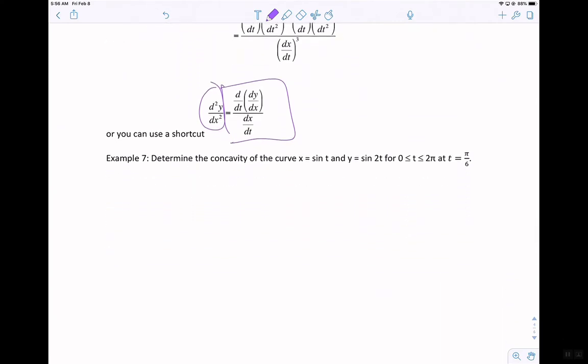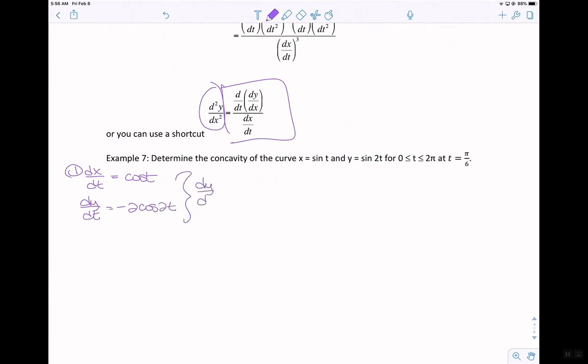Okay, let's look at an example of finding the second derivative and the concavity. So step 1, I need to find dx dt and dy dt. So dx dt is cosine of t, dy dt is equal to negative 2 cosine of 2t.